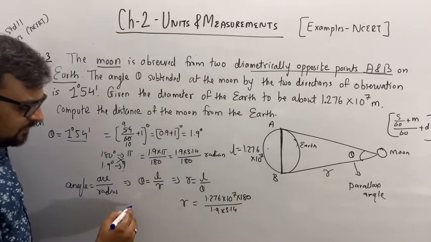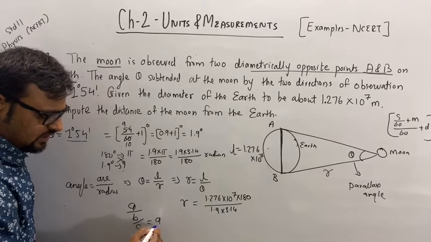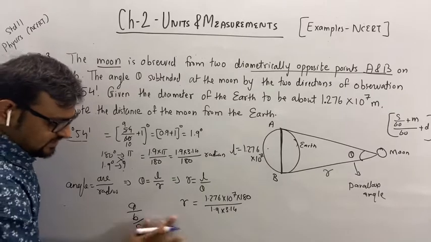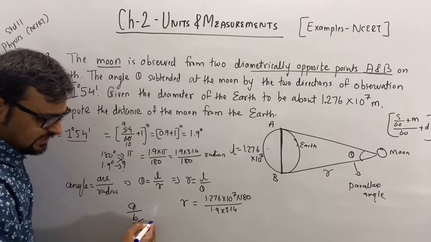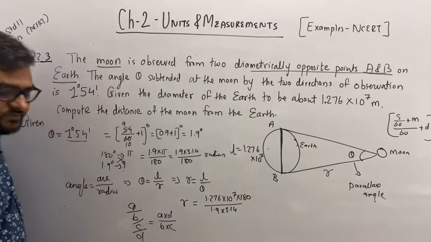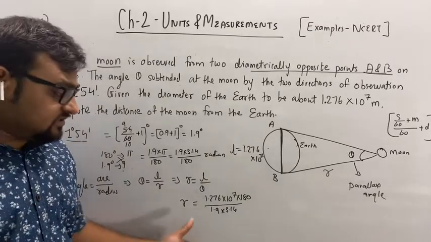See, if it is A by B by C, then this will be equal to A by B into C. If it is A by B by C by D, then it will be equal to A into D upon B into C.